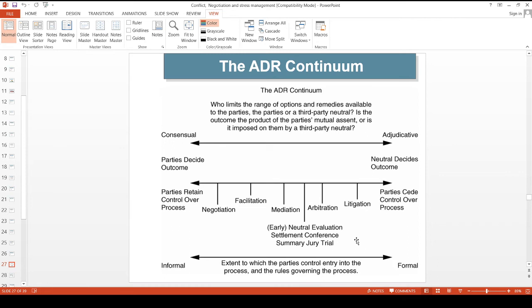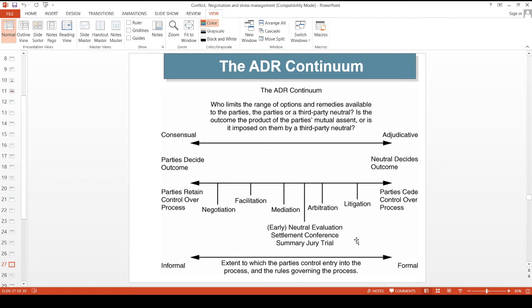When we talk about negotiation or facilitation, this is the more informal process in which the parties can facilitate each other and negotiate with each other to find a particular solution which may be acceptable to both parties.